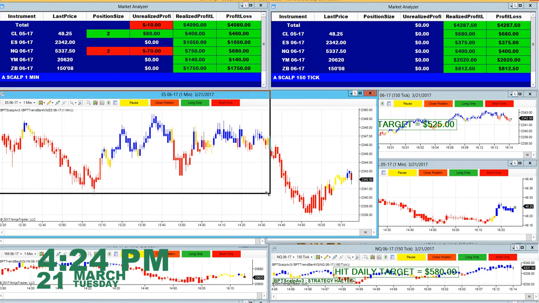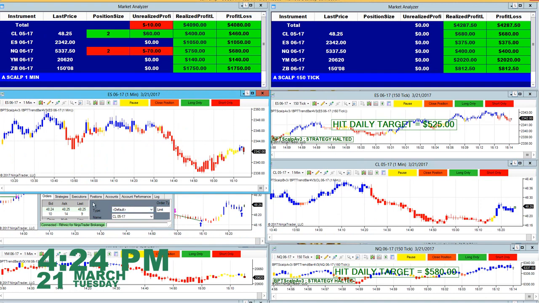Another thing, folks: when you optimize your auto trade on a 1 minute, with the same optimization and the same settings, you can change your time frame to 200 ticks, 150 ticks, 7 range, 4 range, it doesn't matter. Once the auto trade is lined up with the 1 minute, you don't need any more optimization.